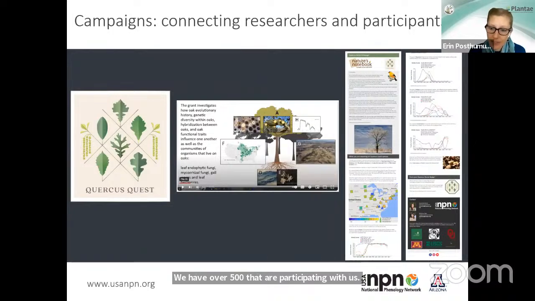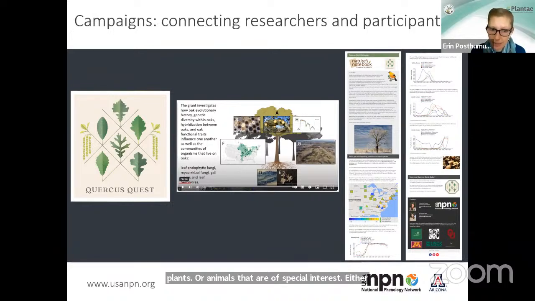Another way that we engage people in science is through what we call our data collection campaigns. Within that list of 1,700 species, we have, I think, 10 now, different data collection campaigns. These are groups of species, often different types of plants or animals, that are of special interest to either researchers or natural resource managers.